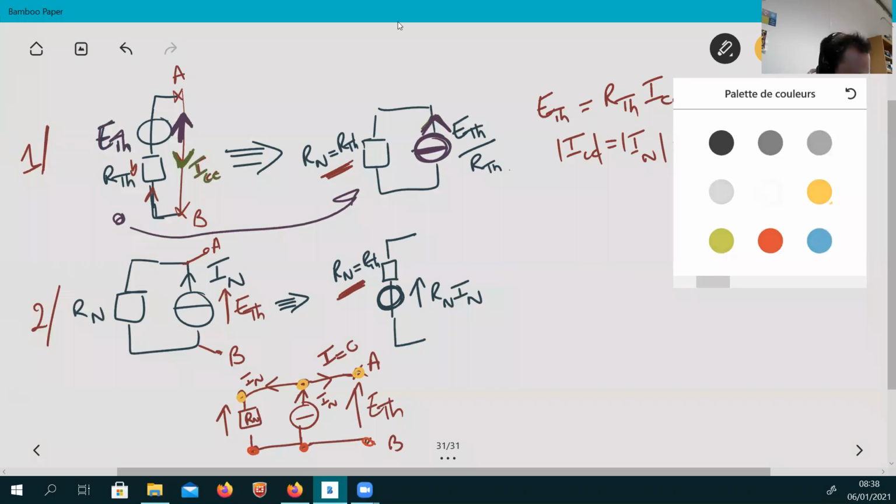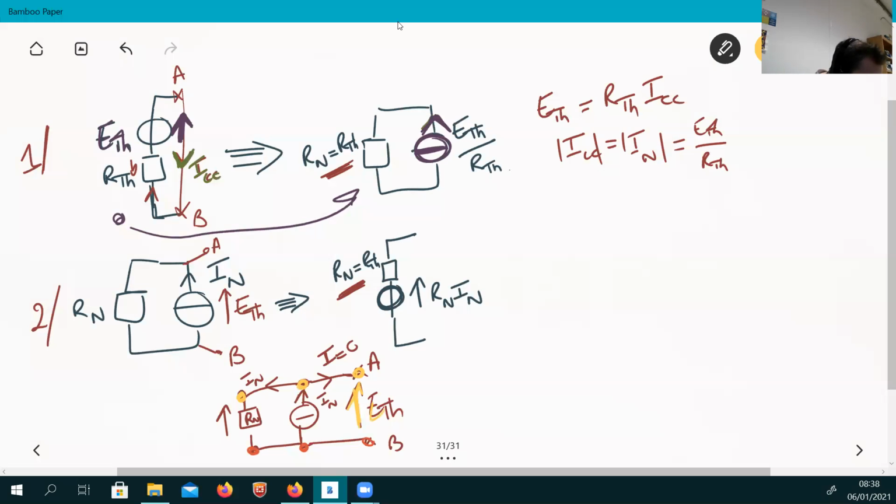So at the very end, ETH equals this voltage, which is Rn times IN.